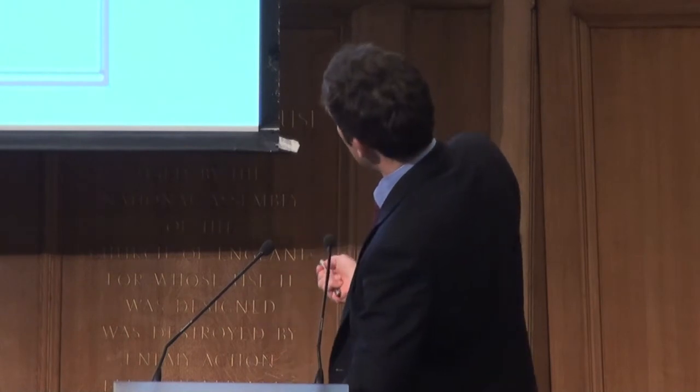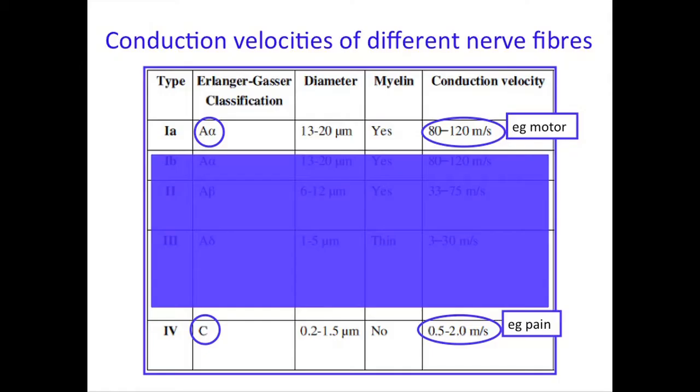And that has a huge effect, even within us humans. Up here, these are motor fibers, so they have this type of conduction velocity when they are myelinated. And down here, these are pain conducting fibers, and they're much slower than their myelinated motor correspondents.